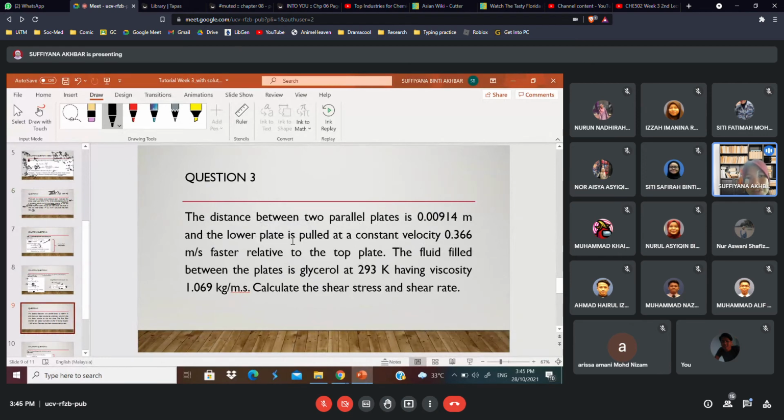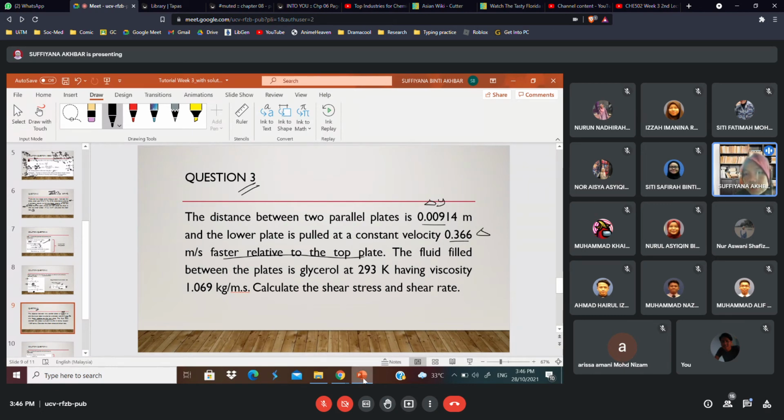Question number 3 is quite similar to question number 2. The distance between the two parallel plates is 0.00914 meter. So this is the distance, delta y. The lower plate is pulled at a constant velocity 0.366 meter per second faster relative to the top plate. So this one is delta what?